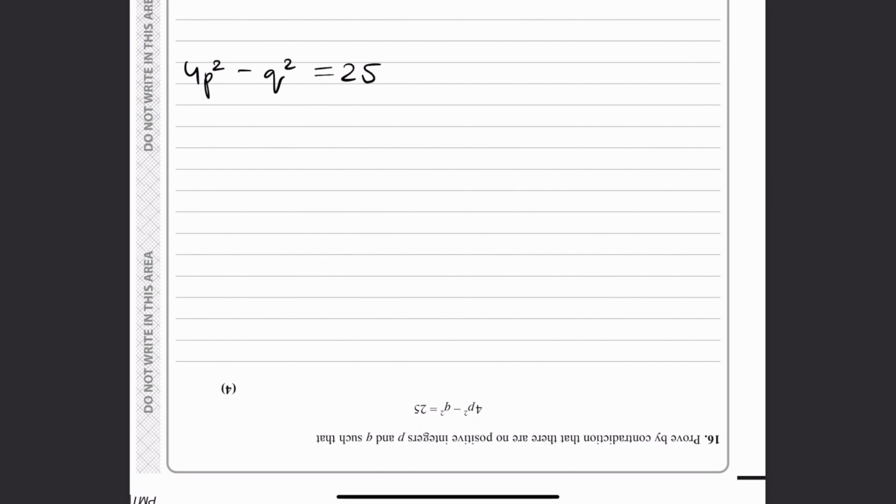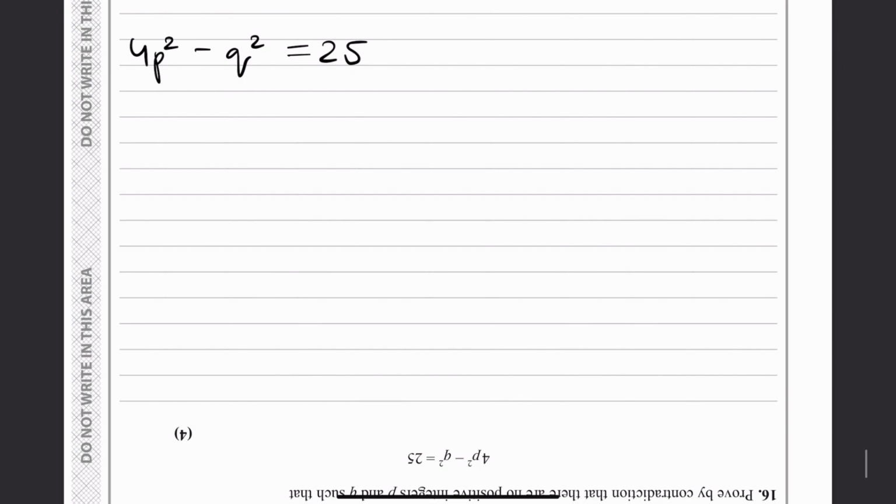Okay, no positive integers, and you want to prove by contradiction. So let's say p, q are both integers.